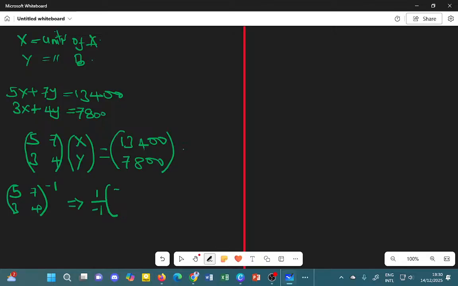So what I'll be having here is negative 4, 7, 3, and negative 5. These are rules of matrices that you should be aware of, because what I'm trying to get is the inverse. So how then do I get the inverse? Because this is now negative 1, essentially what I have is negative 1.